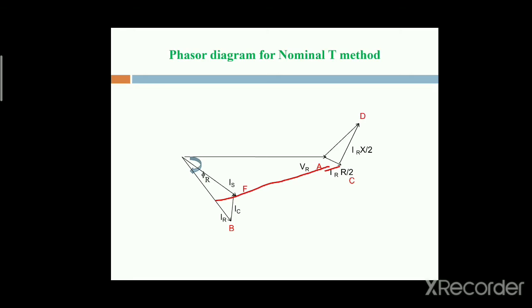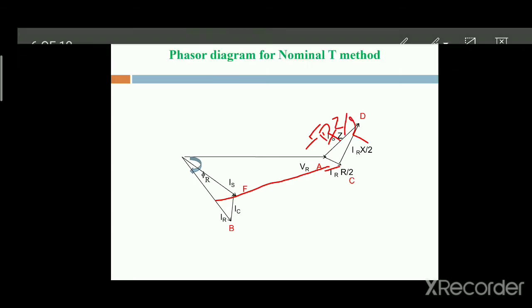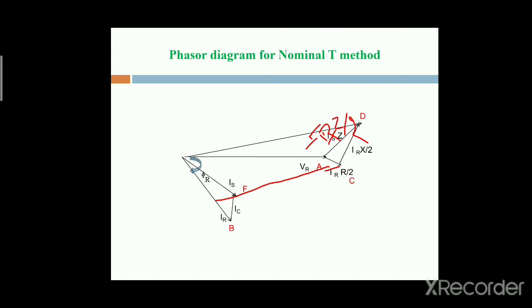By the algebraic sum of this, we get IR Z by 2. By adding this drop, we obtain the V dash.